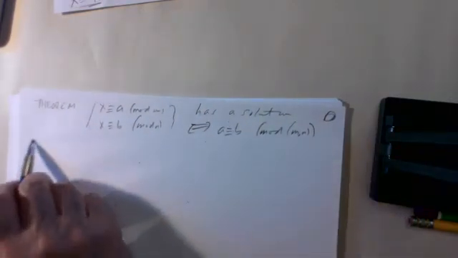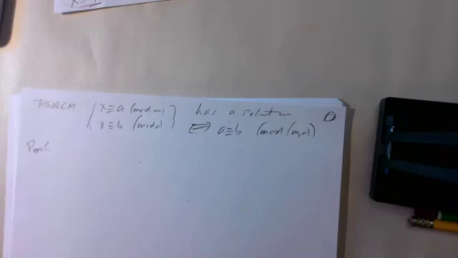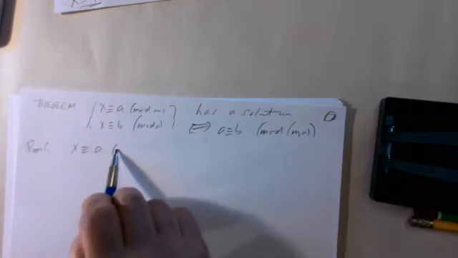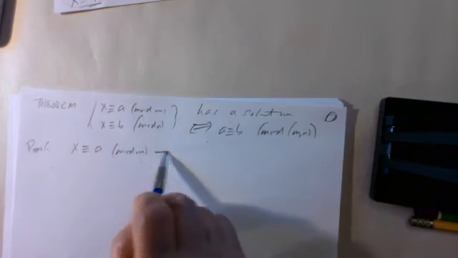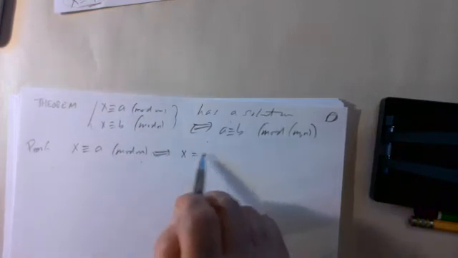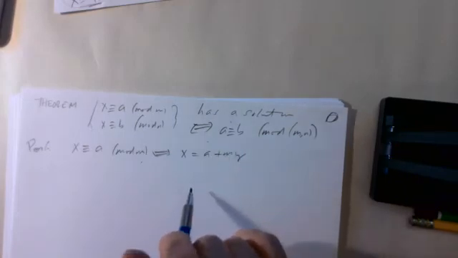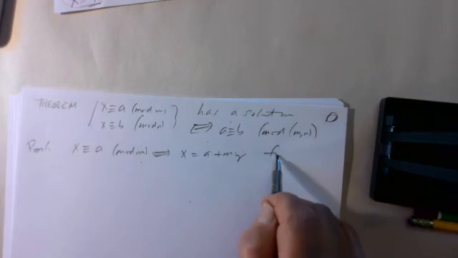So let's see, proof. x is congruent to A mod M means x is an integer of the form A plus M times y for some y.